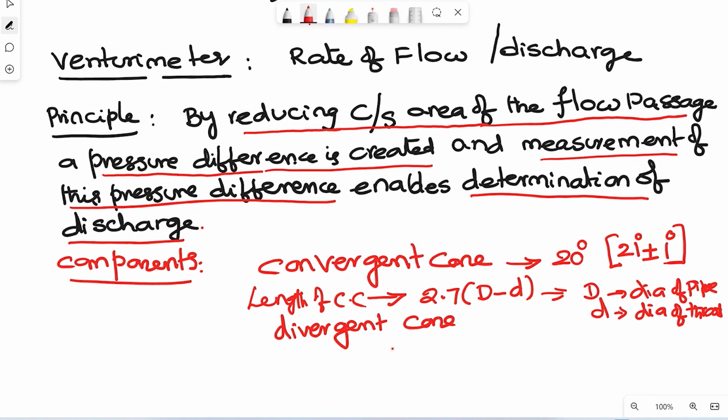And for the divergent cone, the angle is around 5 to 6 degrees. This will be approximately the divergent cone.